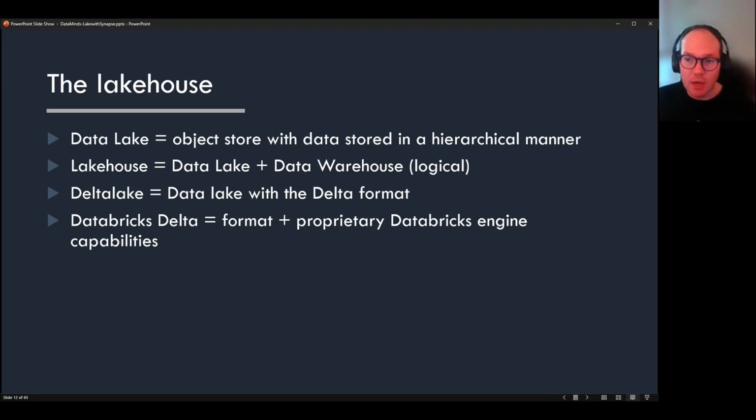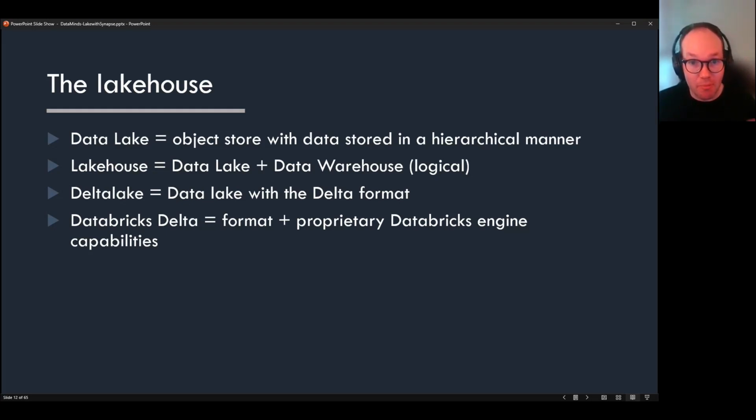And then we also have Databricks Delta. There was a previous question about whether Databricks is part of Synapse. It's a service we can interact with within Synapse, but it's not actually a part of Synapse. It's important to understand that there is the Delta format, but there's also Databricks Delta, and Databricks Delta is a series of proprietary engine capabilities that Databricks has on top of the Delta format.